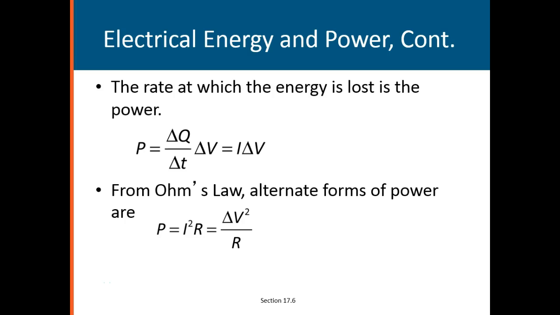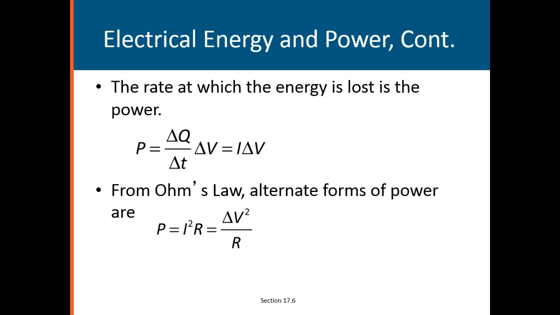So the energy was delta Q delta V. Take the time rate of change of that, in other words, divide by delta T. The voltage isn't moving, it's just there. The charge is moving, so delta Q over delta T is I, the current, the rate at which charge is moving. So here we have another formula. P is equal to I delta V.